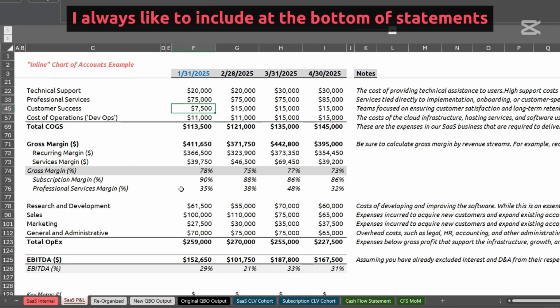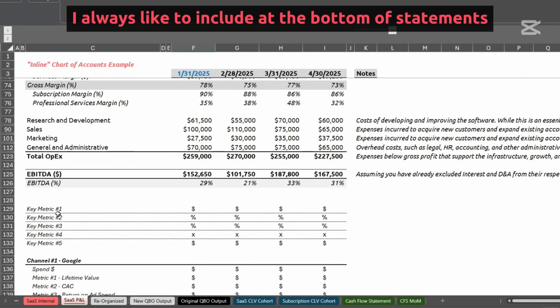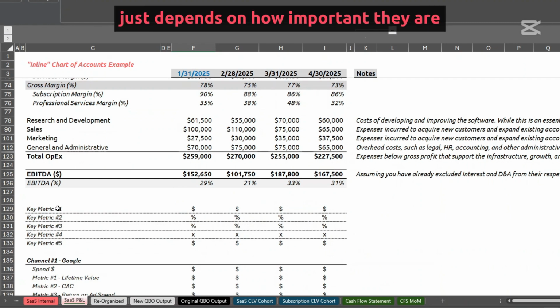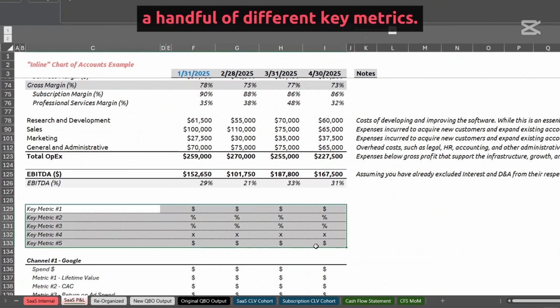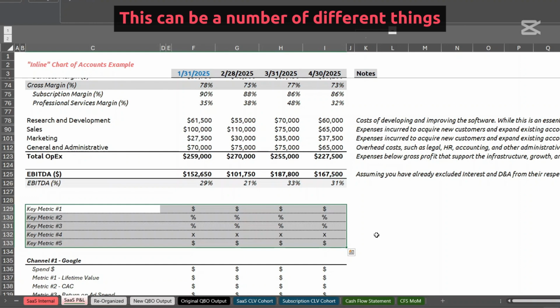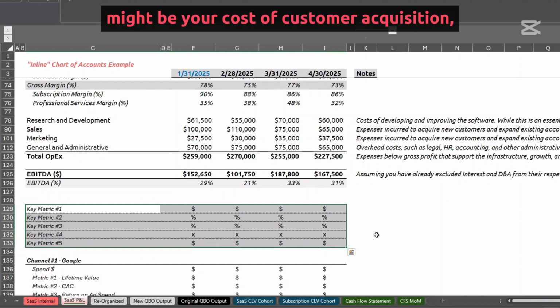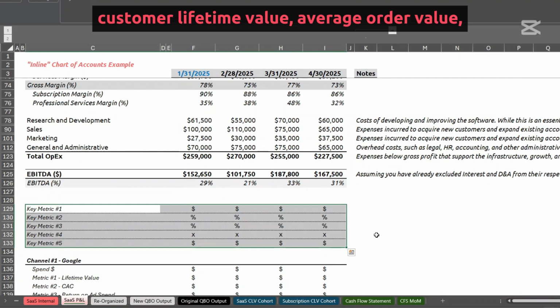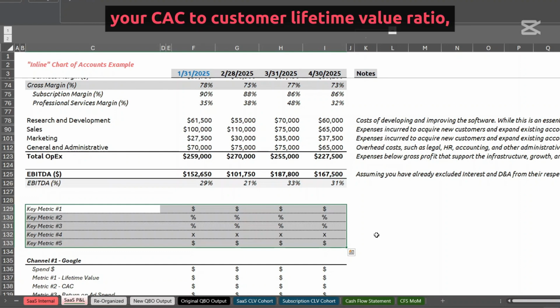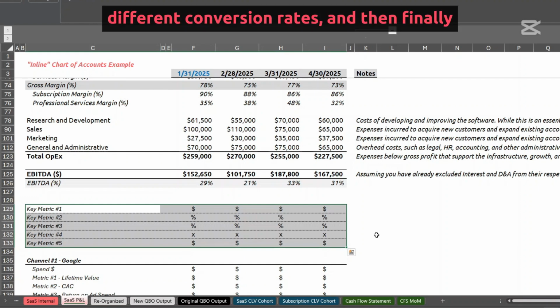And then lastly, I always like to include at the bottom of statements, or sometimes at the top, depending on how important they are, a handful of different key metrics. This can be a number of different things depending on your SaaS business. Certain examples might be your cost of customer acquisition, customer lifetime value, average order value, your CAC to customer lifetime value ratio, different conversion rates.